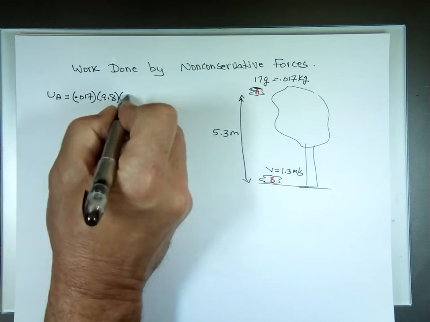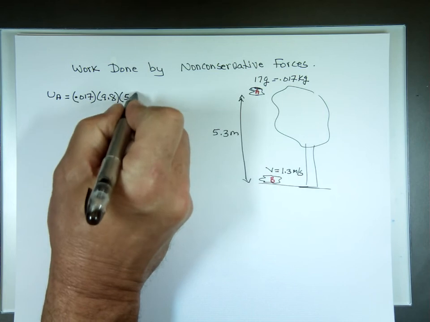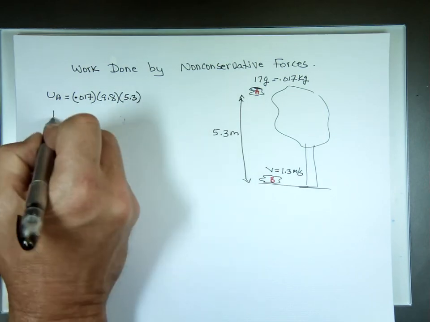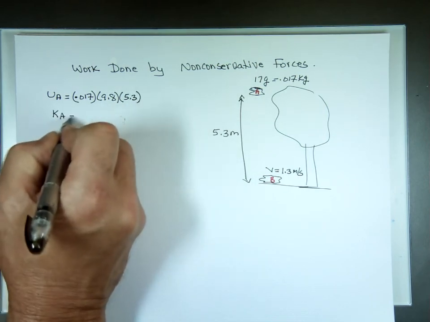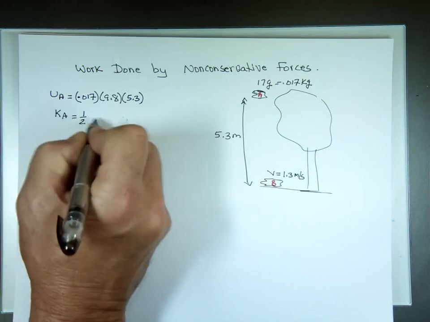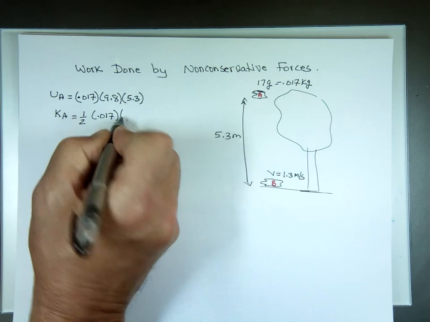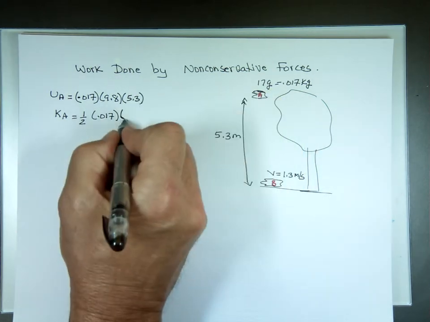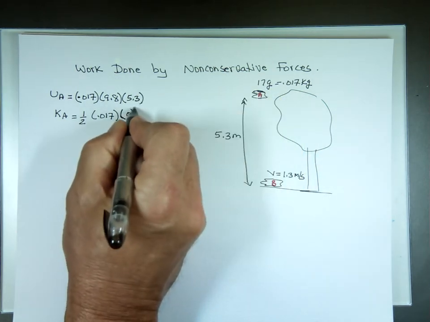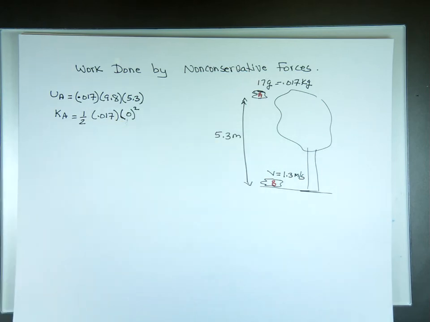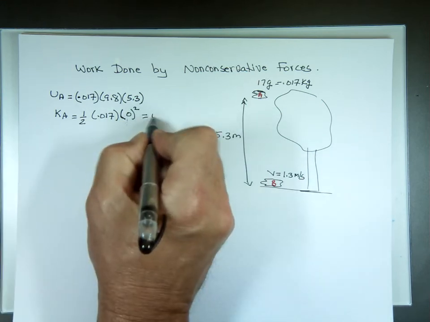Height is 5.3. And the kinetic energy at A is 1/2 the mass times the velocity squared. When the leaf was attached there, the velocity was 0. So that's 0.